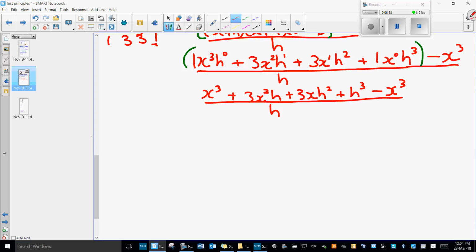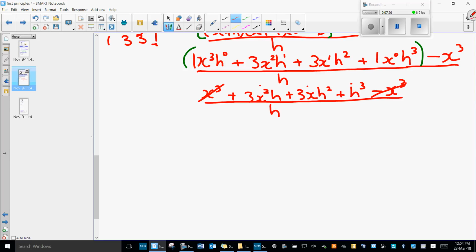Okay, what do we see that we can cross out? x cubed and minus x cubed. Good, because these two cancel, and you will find that happens a lot of the time, depending on which ones you're doing. And then what did we do last time we did this? Also h to the front. Good, so we're factorizing. We're going to bring h to the front because we can see that these three terms here still have a common factor of h.